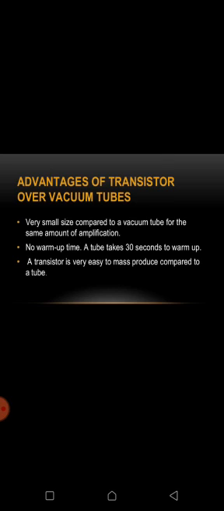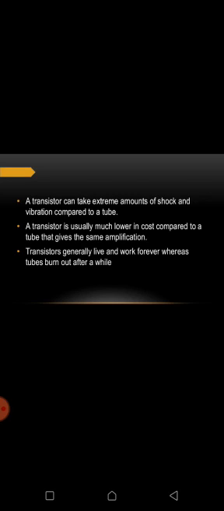A transistor is very easy to mass produce compared to a tube. A transistor can take extreme amounts of shock and vibration compared to a tube, and a transistor is usually much lower in cost compared to a tube that gives the same amplification. And transistors generally live and work forever, whereas tubes burn out after a while.